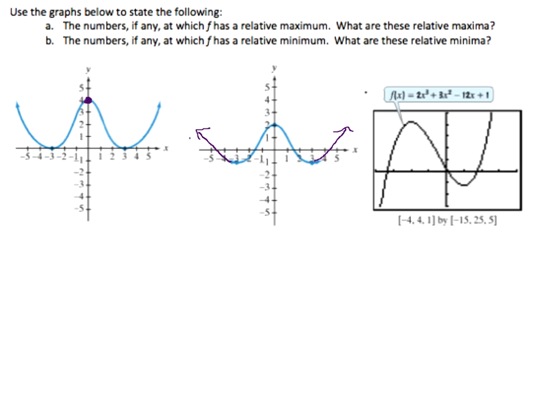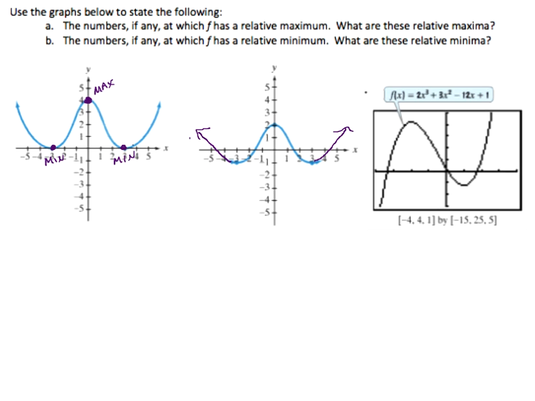Same graph really. Here in this first graph, I have a maximum here, so this is a max. I have a minimum here and a minimum here. So I have 2 relative minima.